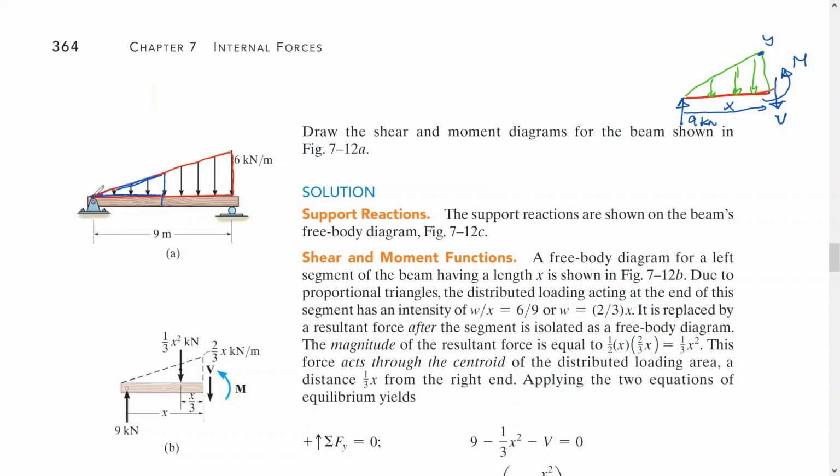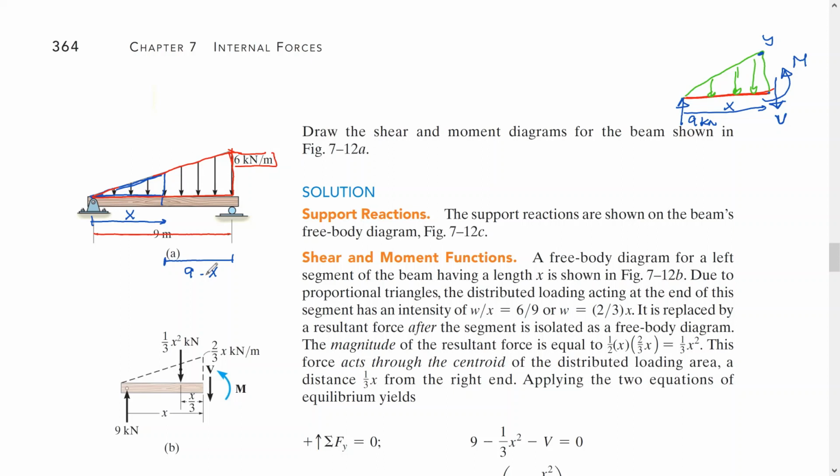So if this value is 9, and this point is 6 kilonewton per meter, and this one here is X, just X. And what about this? This is 9 minus X. We don't care about this right now, but I just want to show you.